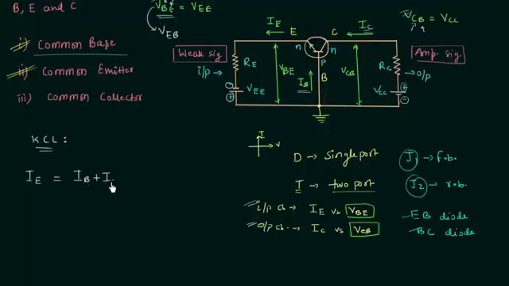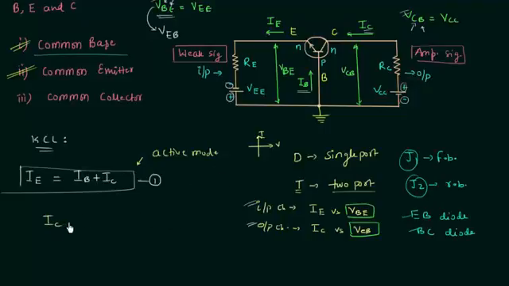So this is the first equation that we have in this lecture, and it is very important. There is one more thing that you must keep in your mind. This equation is true for active mode of operation only.